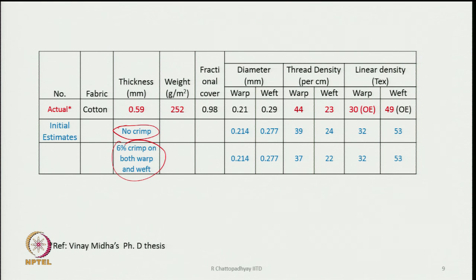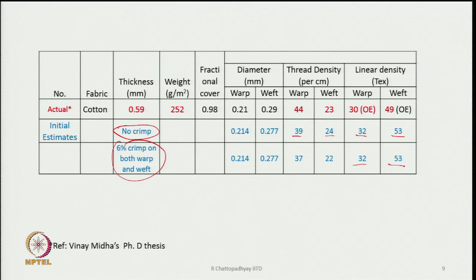We find the values with no crimp assumption are 53, 32, 24, 39, thread density 39, 24. And if we compare to the actual, 44, we get a value of 39 here, 23, we get a value of 24, they are very close, 30, 32, 49, 53. And if we go by the 6% crimp, then the figure is going to be how much?